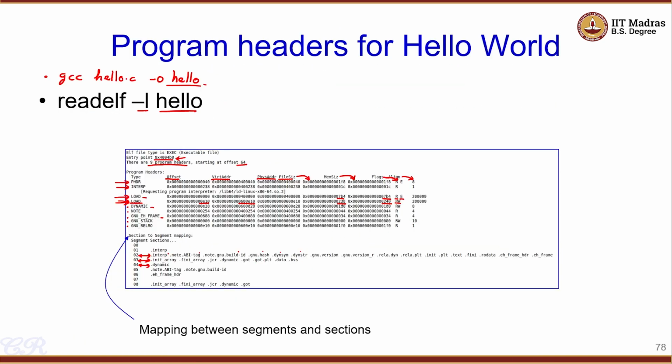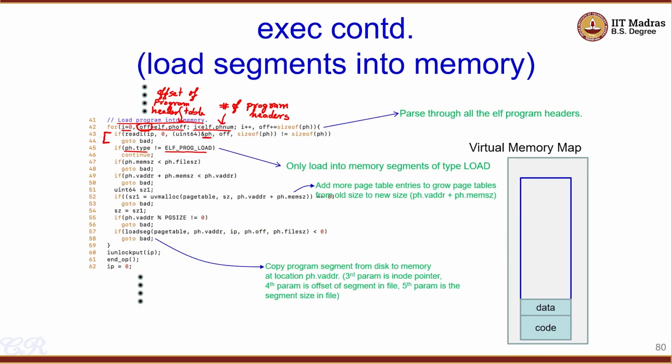So in our example, we see that there are only 2 program headers which are of type load. So only for these 2 rows would this particular function continue, because if the type is not program load, then you just continue, go to the next program header in the for loop. Okay. So we are only loading segments which are of type load, right.